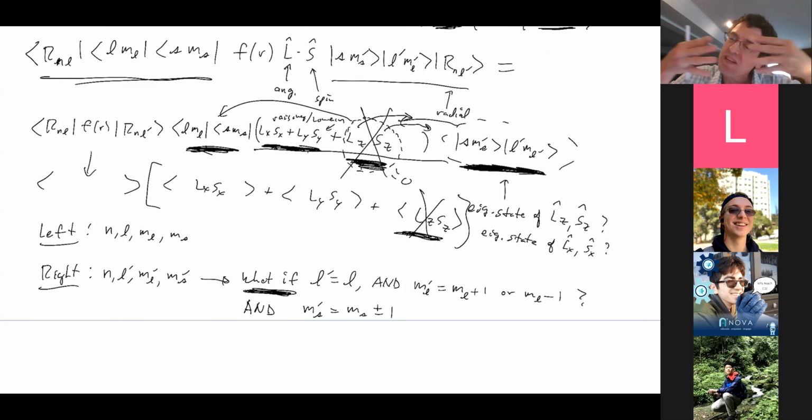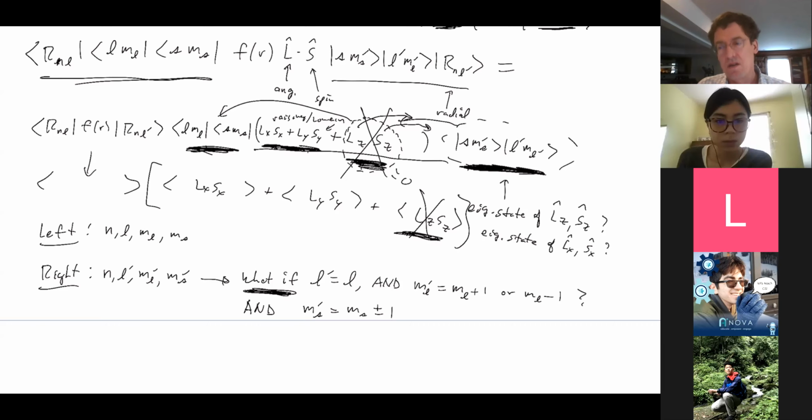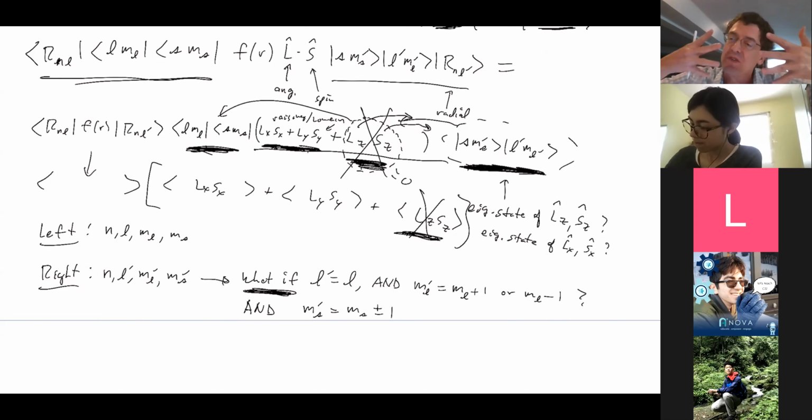Then what happens when they touch? Do they equal 0? Yes or no? No. That's right. So the point is you can get a non-zero answer because you started out as orthogonal states, off diagonal, but the raising and lowering operators changed you. So now you're the same. And now when you hit, it's non-zero.